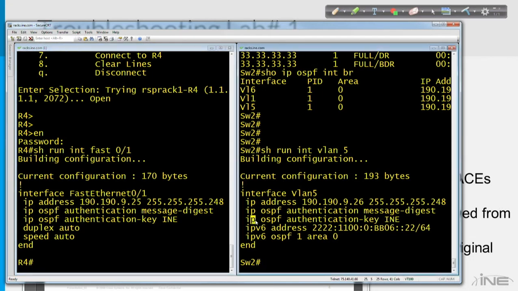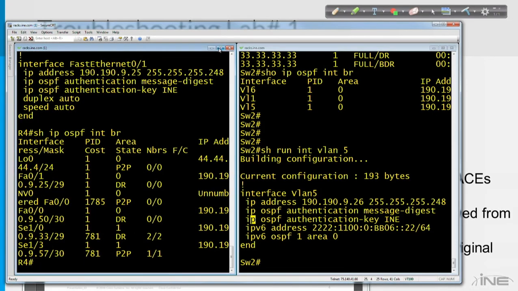So the next thing I would check, at layer 3, let's check router 4 and look at its OSPF process. Let's do show ip ospf interface brief, because we did not check yet on router 4 to see if OSPF was working on its FastEthernet 0/1.